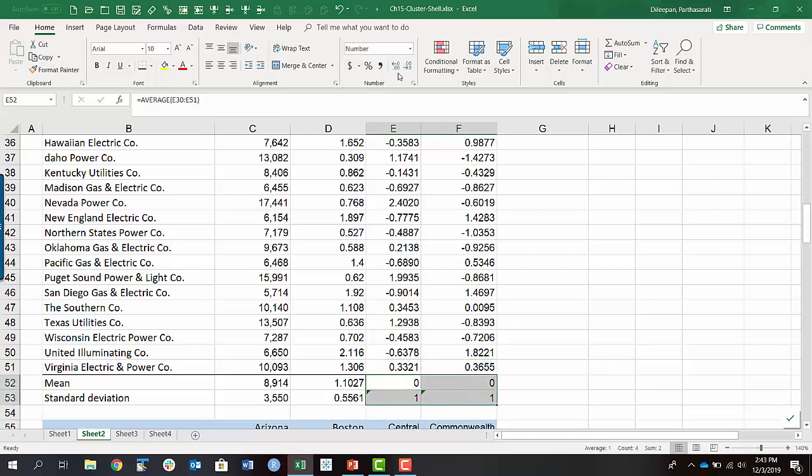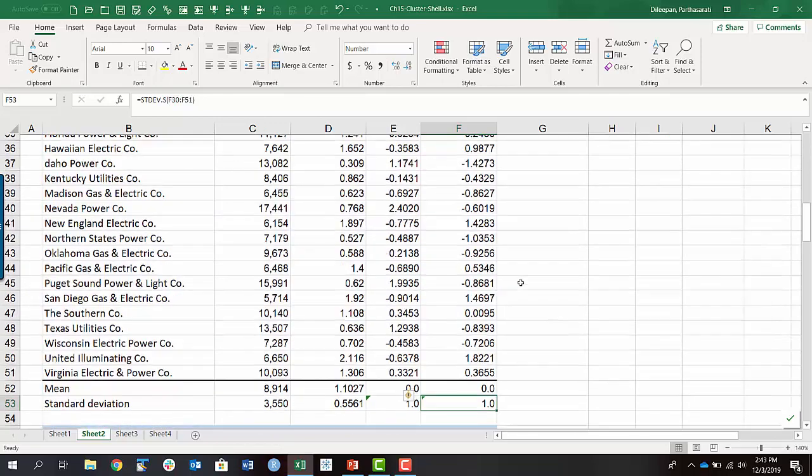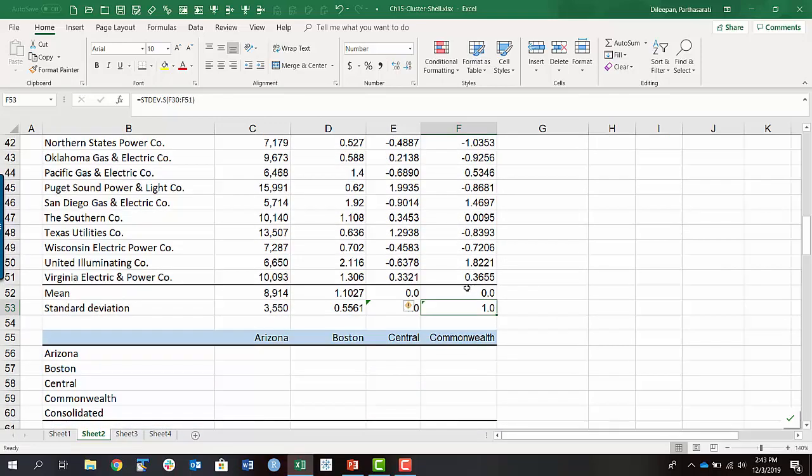Now you see the mean is 0 and standard deviation is 1 for z-scores. Okay, so now we have standardized the two variables. Now we need to find the Euclidean distance between all pairs, right?